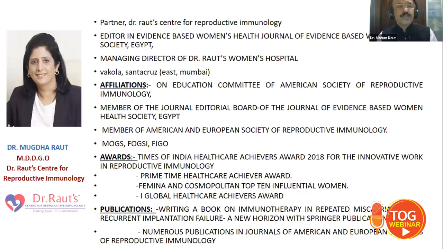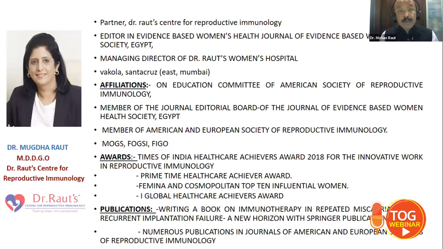Dr. Mugdha Raut is the partner of Dr. Raut's Center for Reproductive Immunology. She is the editor in Evidence-Based Women's Health, Journal of Evidence-Based Women's Health Society Egypt, and managing director of Dr. Raut's Women's Hospital. She is on the Education Committee of the American Society of Reproductive Immunology, a member of the Editorial Board of the Journal of Evidence-Based Women's Health Society Egypt, and a member of the American and European Societies of Reproductive Immunology.